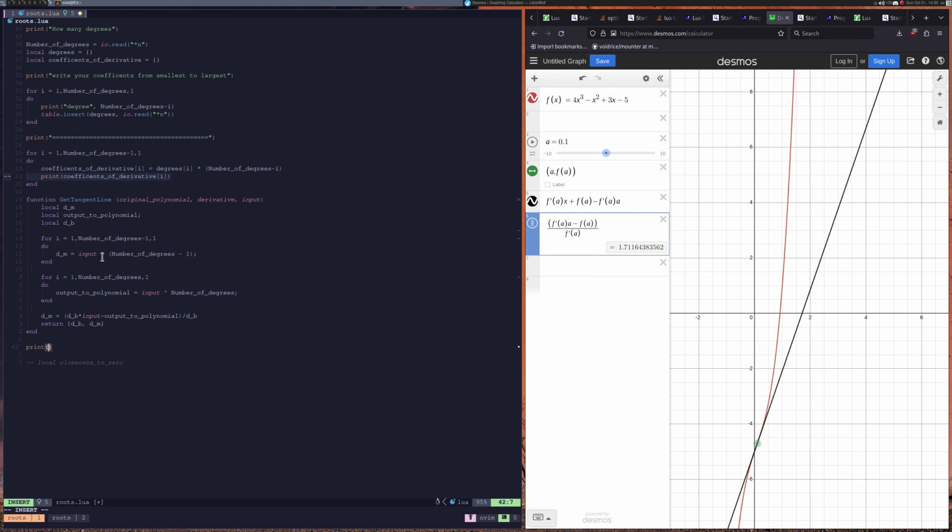So let's print local. Comma, wait, no. What's efficient such derivatives?